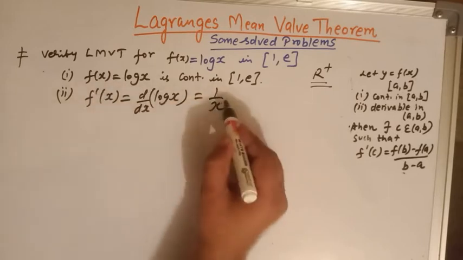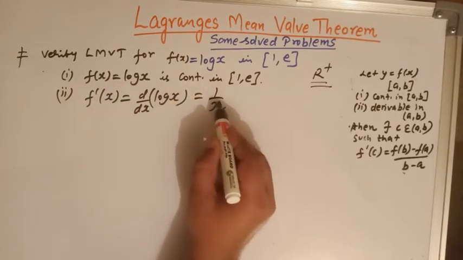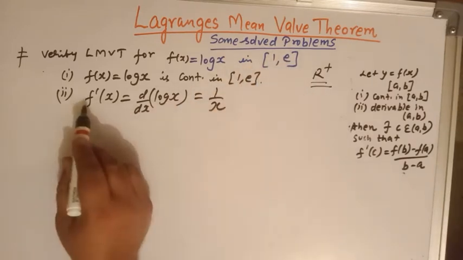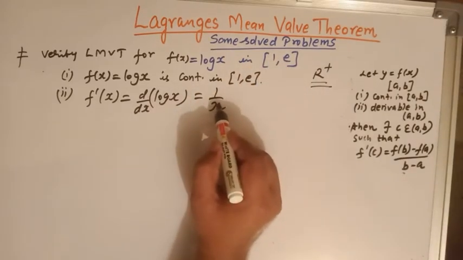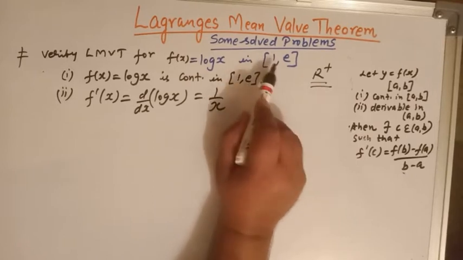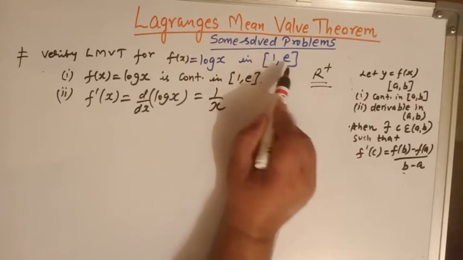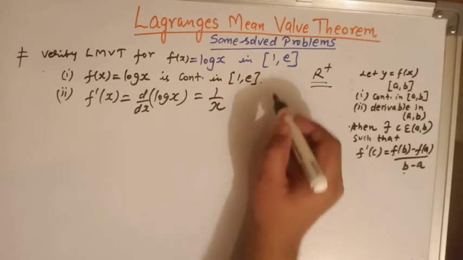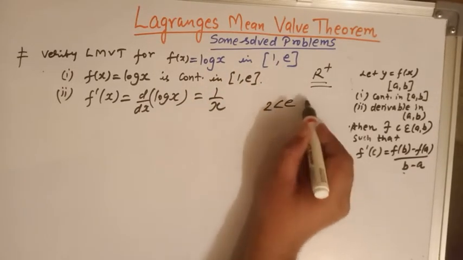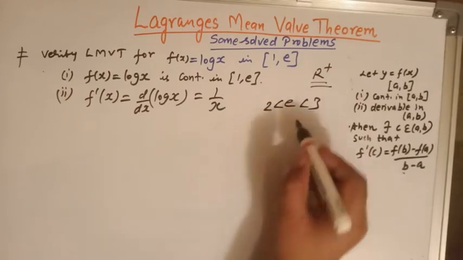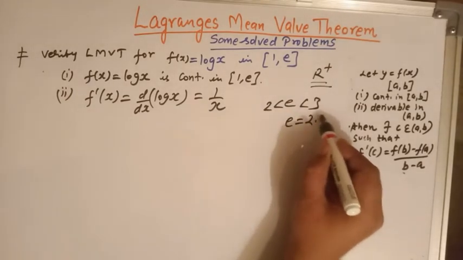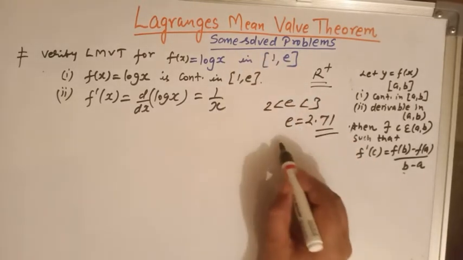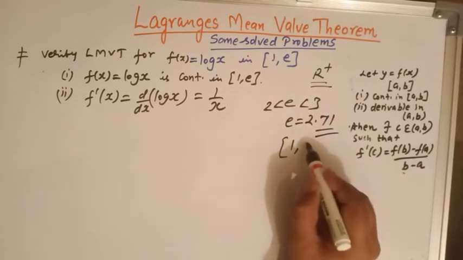Now we see that this derivative exists in this interval [1, e], because e lies between 2 and 3. Clear? And the approximate value of e is something like 2.71.